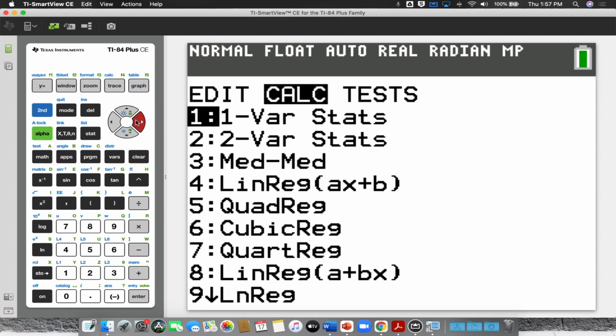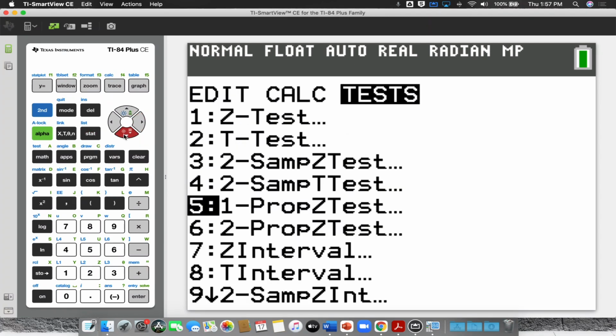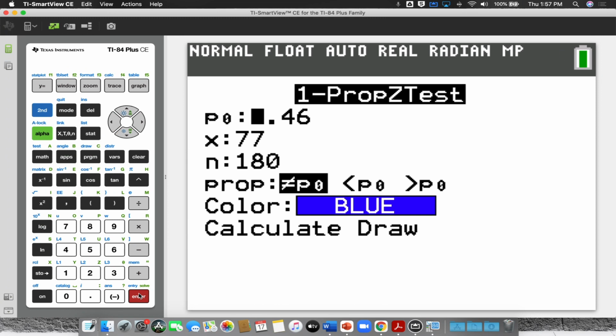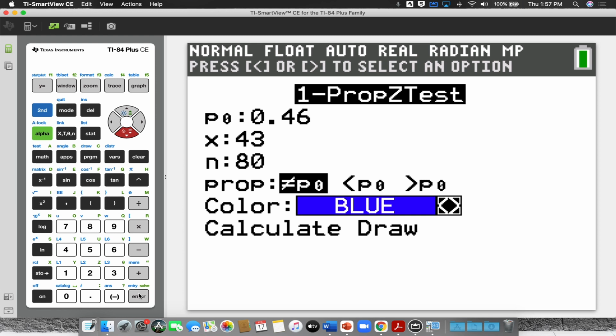Stat tests down to number 5. 0.46, not 77, it's supposed to be 43 out of 80.